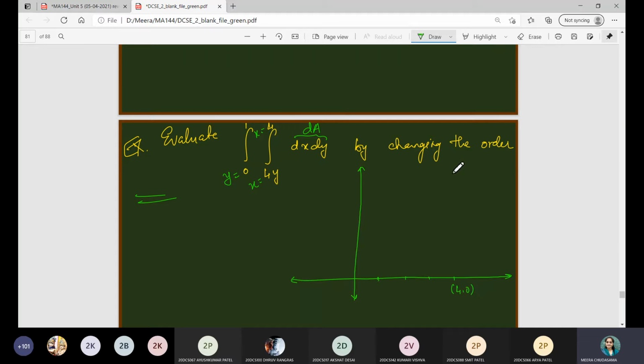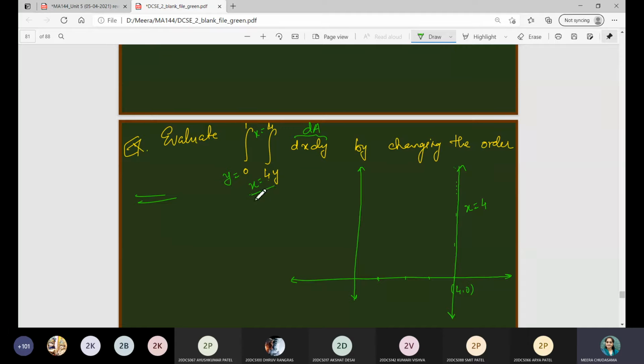So x is equal to 4 means it is this particular line. So I will draw this line first, right? This is nothing but x is equal to 4. When x is equal to 4, the corresponding y variable is 1, right? When x is 0, y variable is 0.